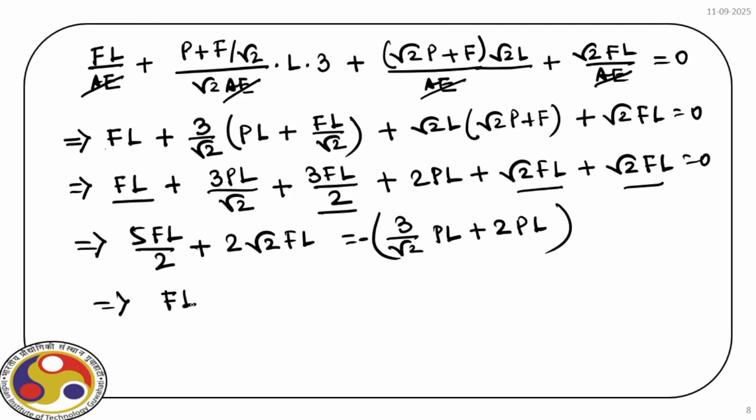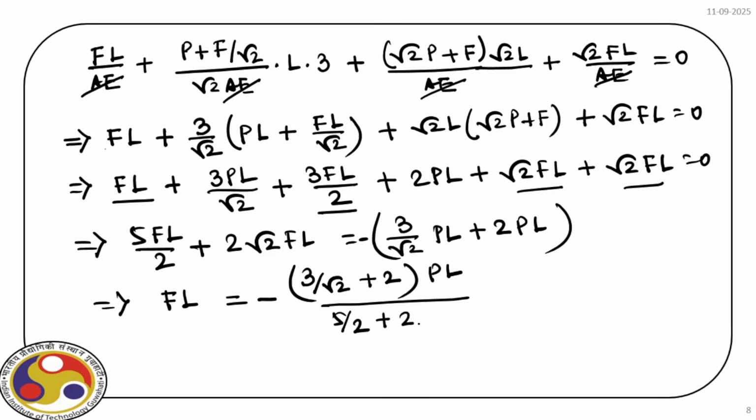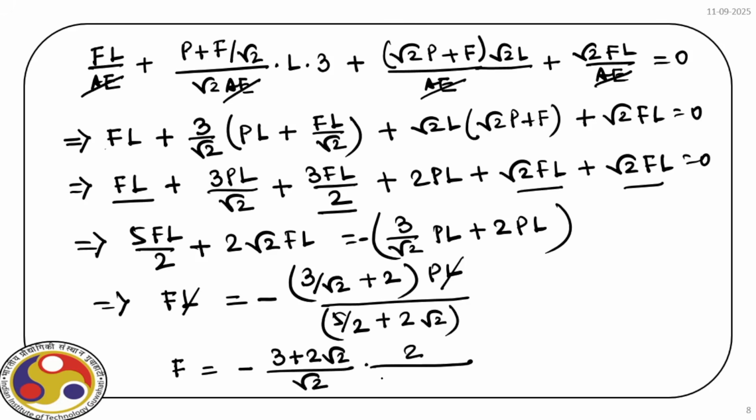So FL is equal to minus 3 by root 2 plus 2 times PL divided by 5 by 2 plus 2 root 2, so we can cancel L. So F is minus, we have 3 plus 2 root 2 divided by root 2 times 2 divided by 5 plus 4 root 2 times P.